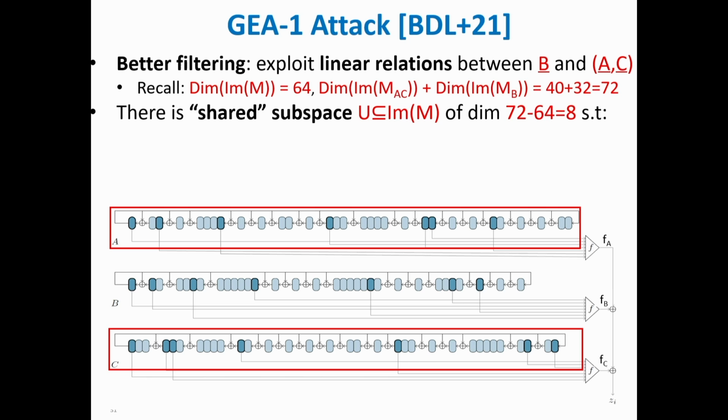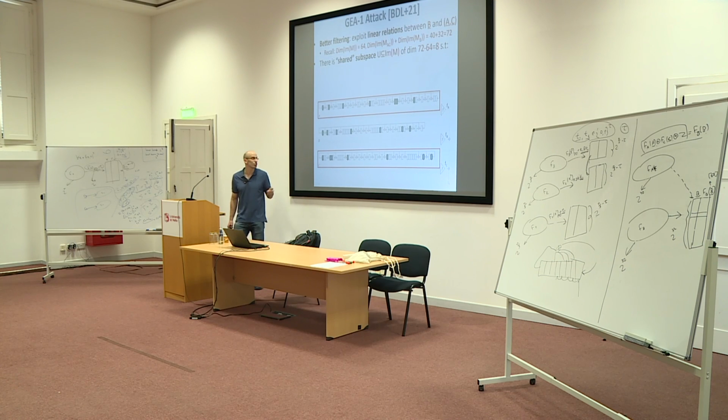So there are 8 common linear relations between this state and the joint internal states of A and C. Given this, we can decompose the image of the mapping M projected to B into a direct sum of two subspaces: the subspace U projected to B, and some other subspace.